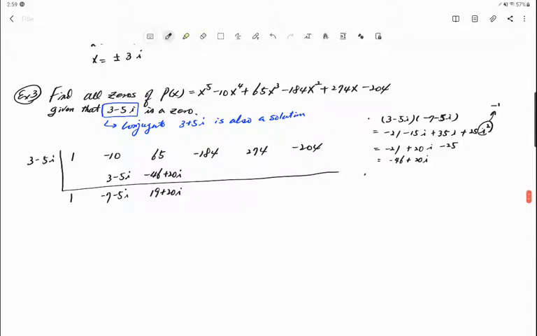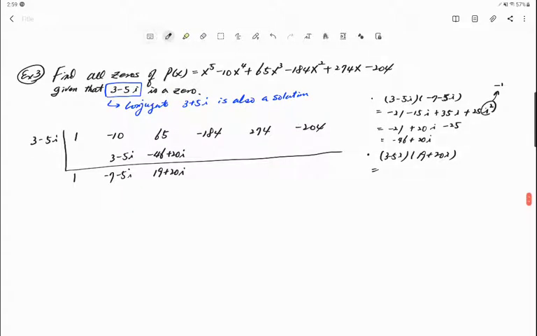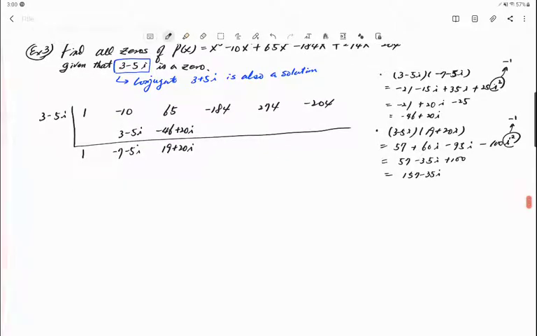All right, so another product of complex numbers, right? 19 plus 20i. All right, so let's save time. Let me try this first. Once we multiply these two conjugates, it becomes 157 minus 35i.